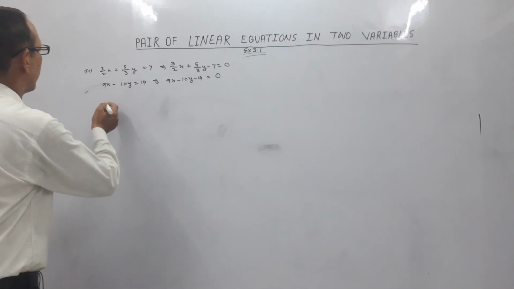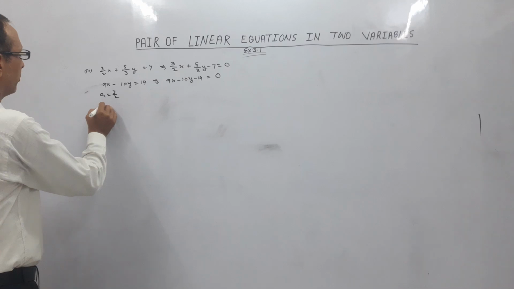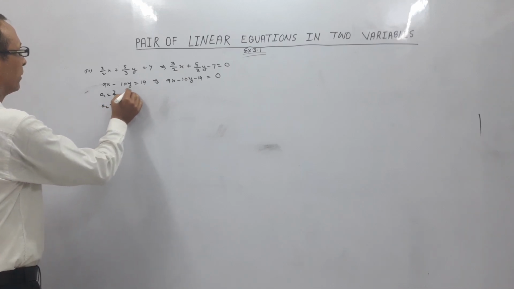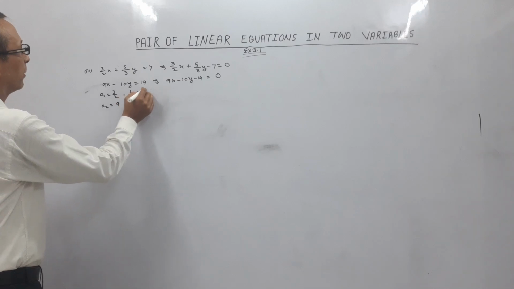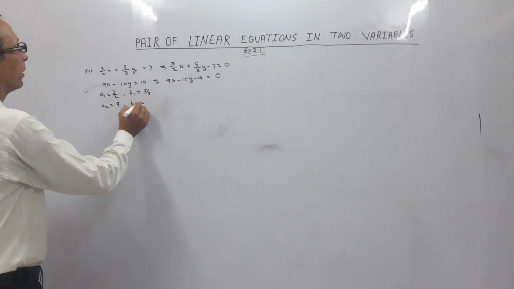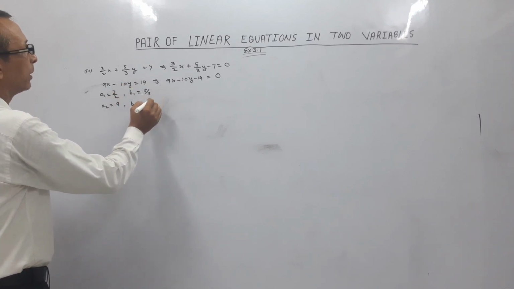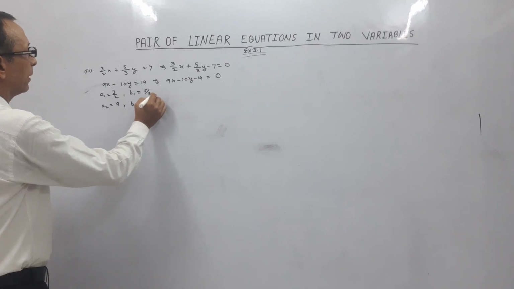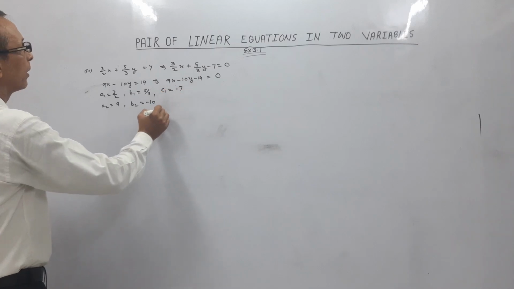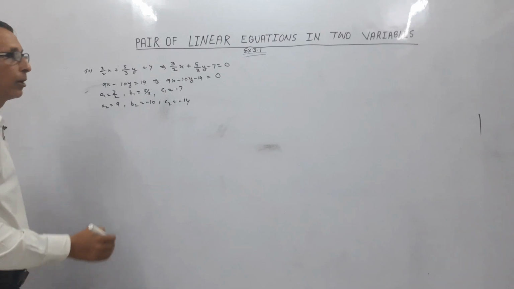Okay, so now A1 equal to 3 upon 2, A2 equal to 9, B1 equal to 5 upon 3, B2 equal to minus 10, C1 equal to minus 7, C2 equal to minus 14.